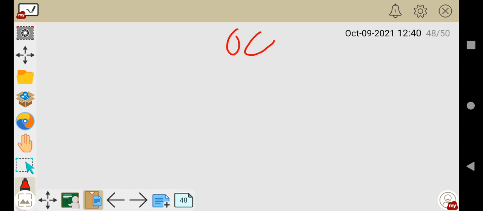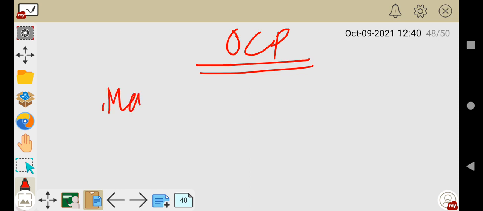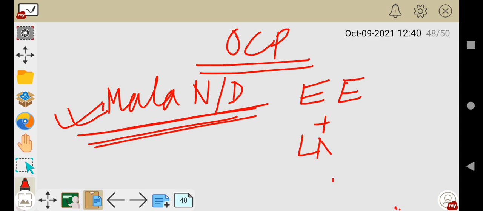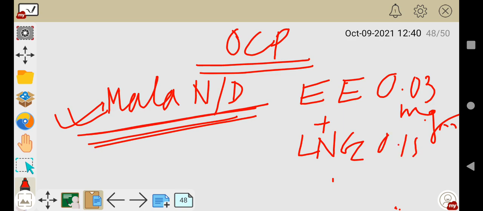Next I will go to OCP, correct? This has been asked previously: what is the composition of Mala-D? So just remember ethinyl estradiol, because the primary composition is estrogen, correct? And plus there is levonorgestrel. Ethinyl estradiol is 0.03 milligram, and levonorgestrel is 0.15 milligram. Plus ferrous fumarate, that one is 60 milligram, right?